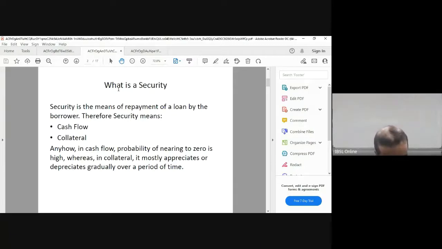So when it comes to business, you are not sure of the steady cash flow of a business, because there's a general saying: if it is a startup, 9 out of 10 will close within the first 5 years, simply because of lack of experience and capital.